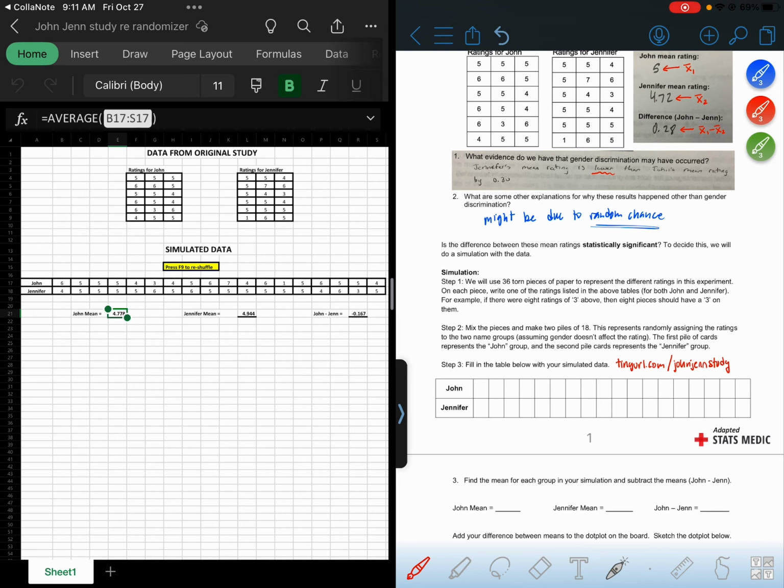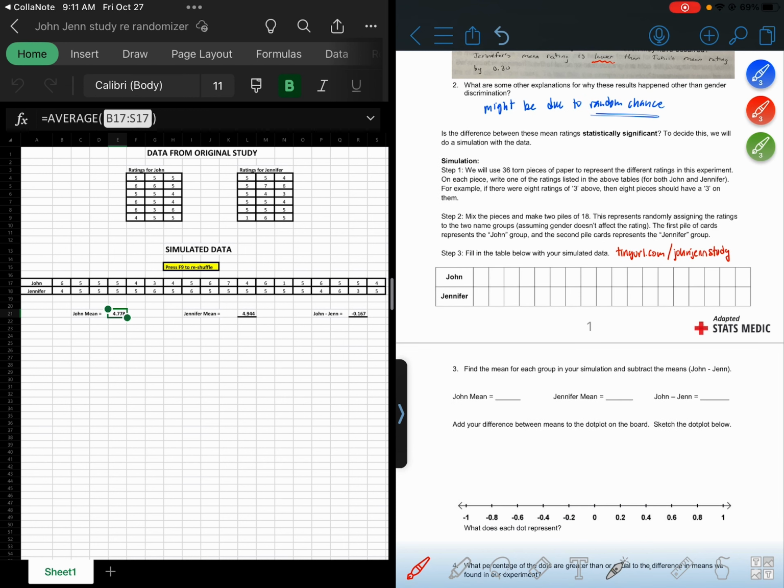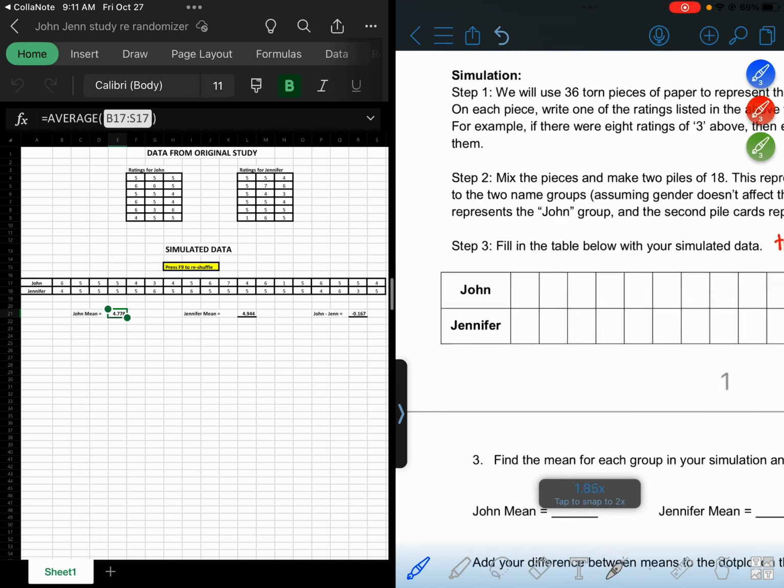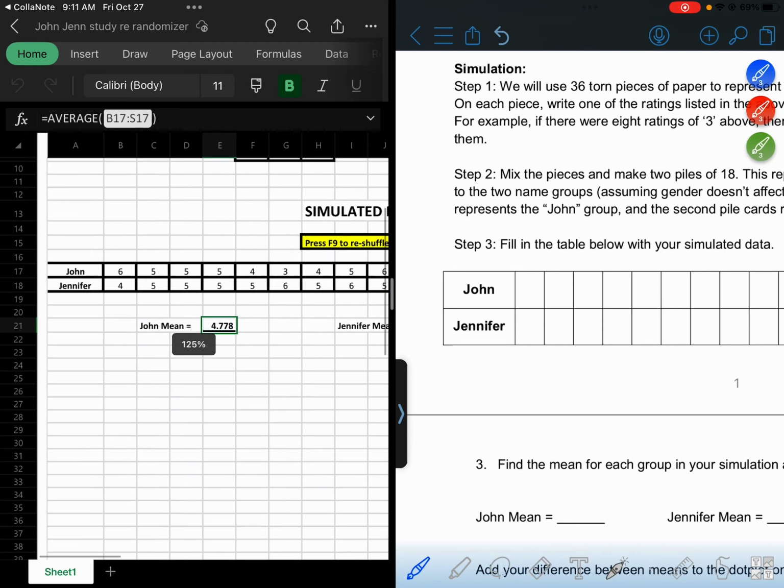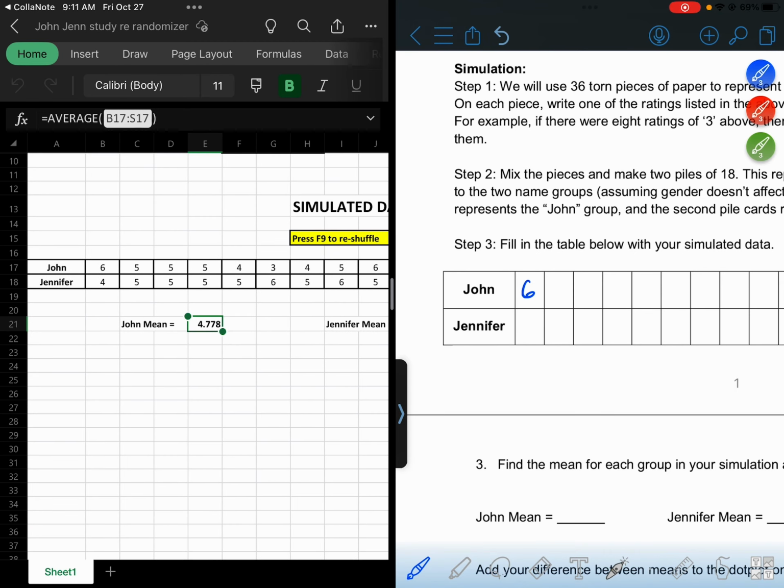So you'll open this page and then you'll copy the new scores. This will go on the bottom of page 1. So I'm not going to do it all, but say John got 6, 5, 5, 5, etc. Jennifer's new scores are 4, 5, 5, 5, etc.